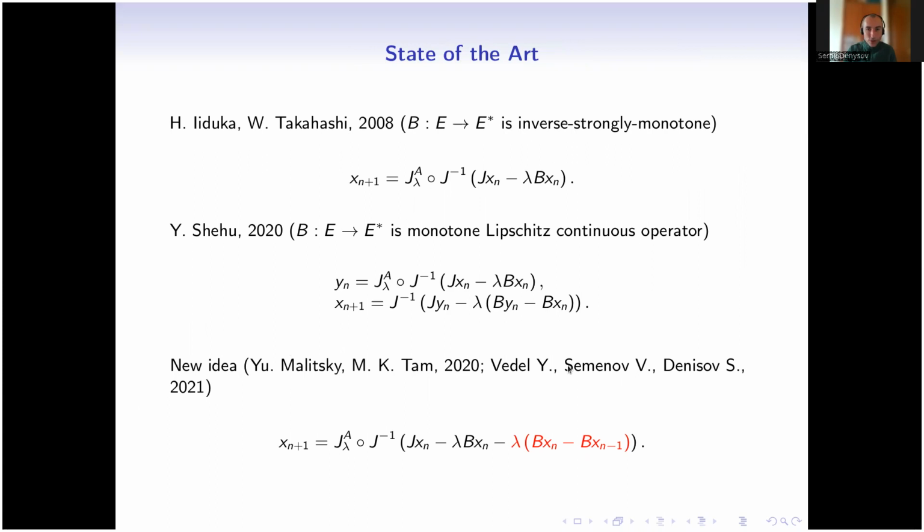And the third is the proposed algorithm, which we investigate in this work, and you see it requires only one resolvent calculation and only one operator calculation, because this value, of course, will be reused from previous step.